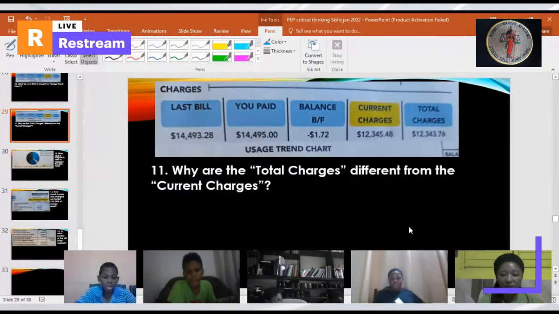Why is it that her total charge isn't just what she used? Current means right now, what she's charged this month. So why is she paying something different than what she used this month?